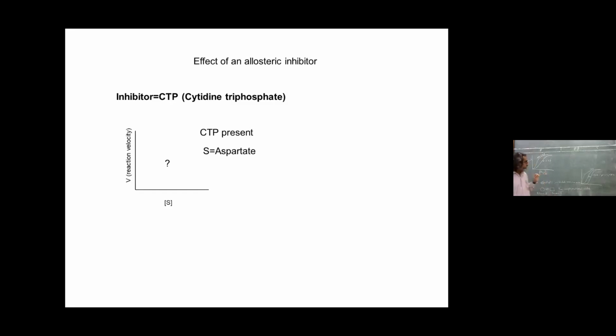With no inhibitor, it is allosteric, so there is a shift in the equilibrium between the tense and relaxed states. After adding CTP, the curve is shifted to the right. So how do we explain this in terms of R versus T?